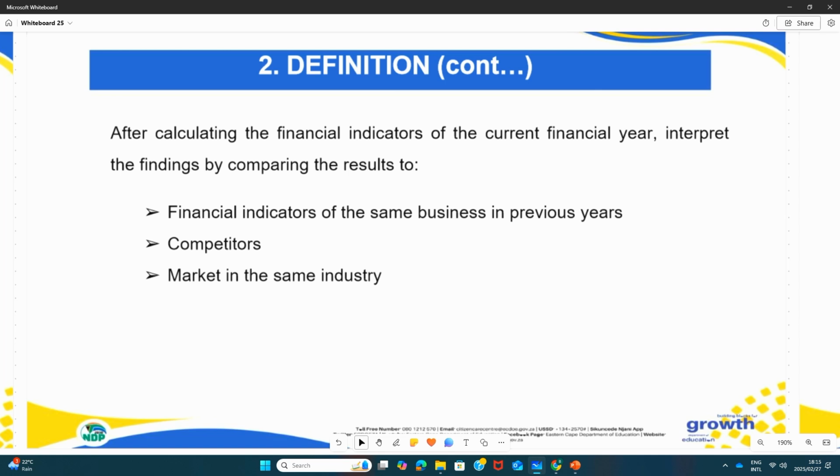When you interpret this information, you need to look at the financial indicators of the business from the previous year and compare what you got last year with the current financial year's financial indicators. You would also compare the business's financial indicators with those of a similar business to see how the business is performing compared to other businesses in the same industry.